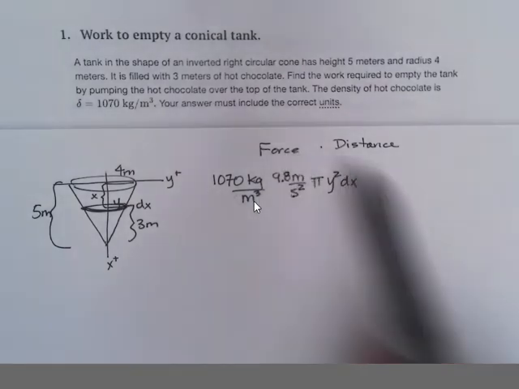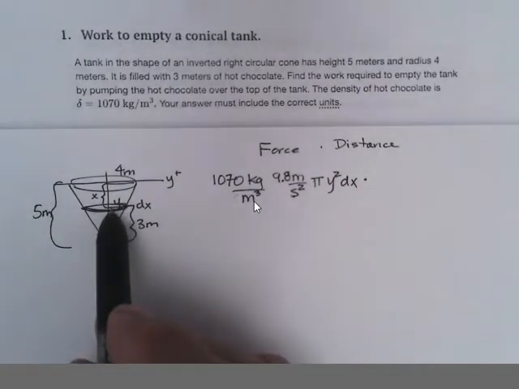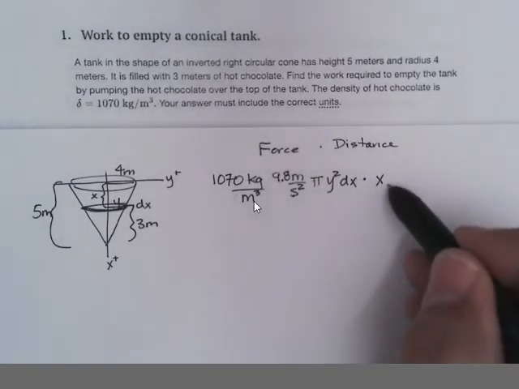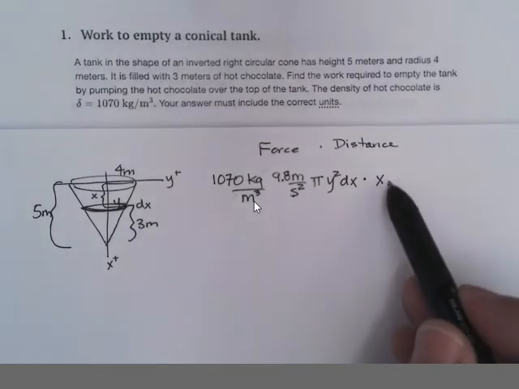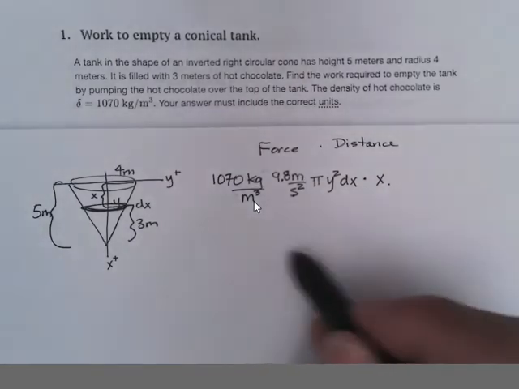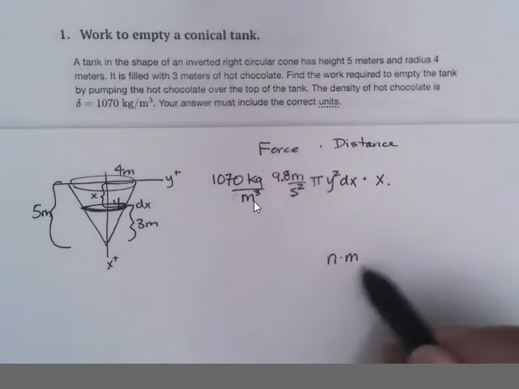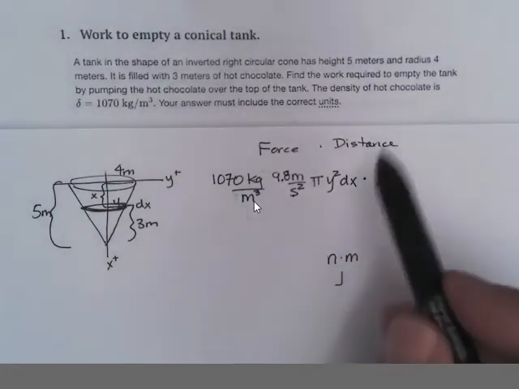So that's the force times the distance we have to lift this disc, which is up x. And that would be meters. So we have Newton meters. So the answer to this will be in Newton meters, which is the same as joules. So you can do Newton meters or joules for the units.